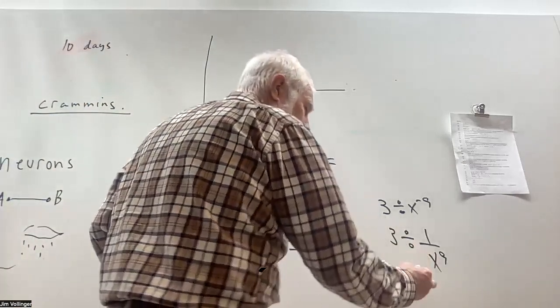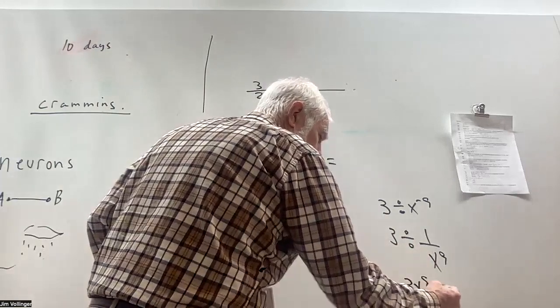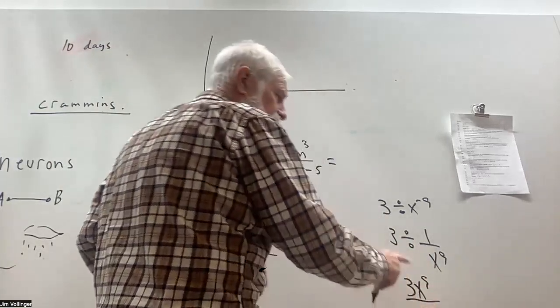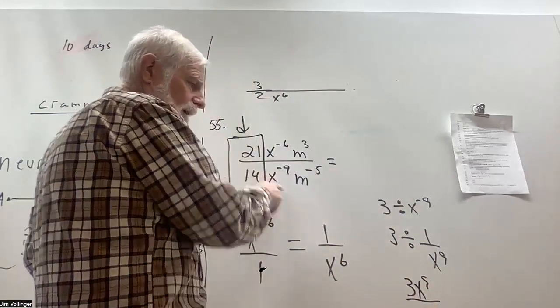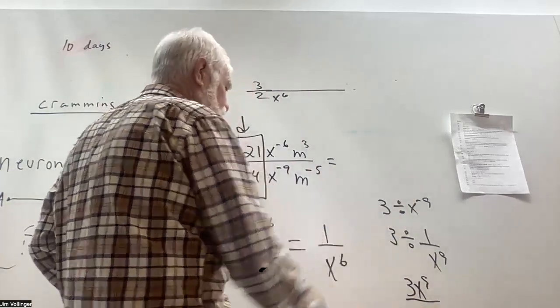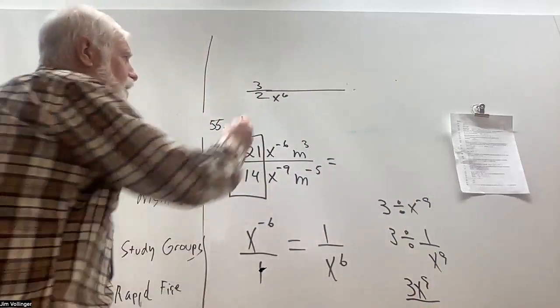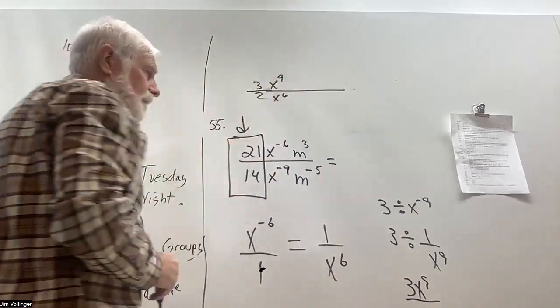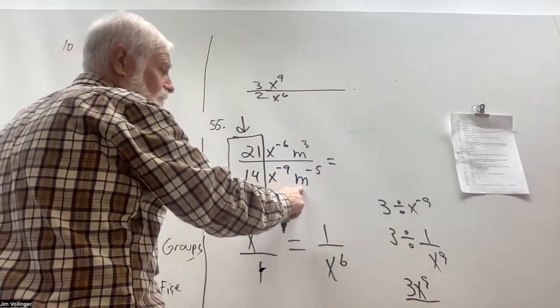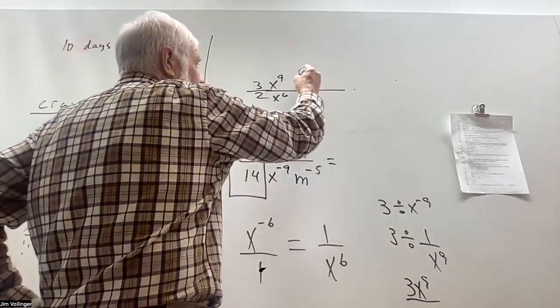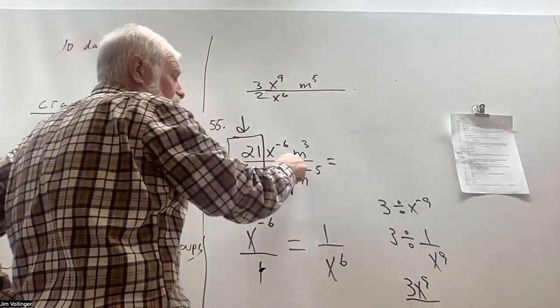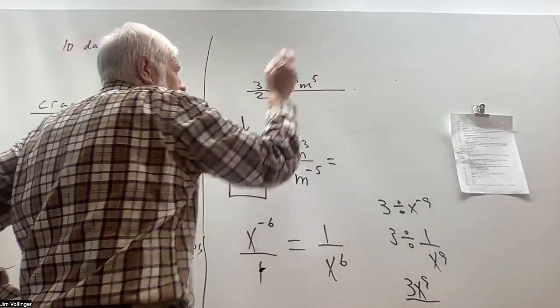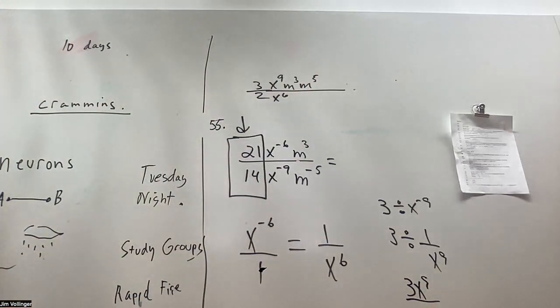But when you divide by a fraction, you multiply by the reciprocal. And what was negative in the denominator is now positive in the numerator. And so therefore I can write x to the 9th there. So we talked about moving m to the minus 5, which can be written as m to the 5, and I'm not going to move m to the 3. And now I've got all positive exponents.